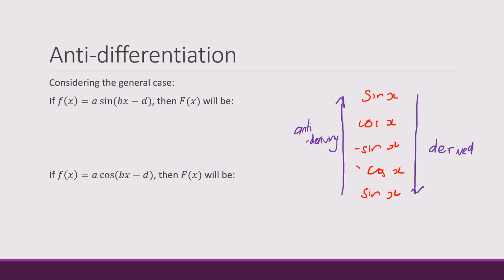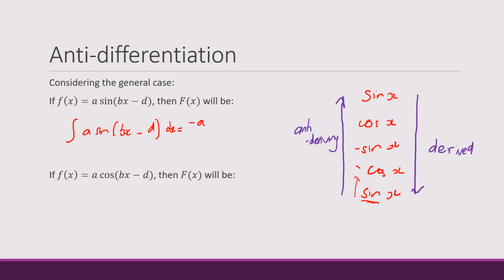So if we integrate sine bx minus d dx, sine is at the bottom, so going up it becomes negative cos.